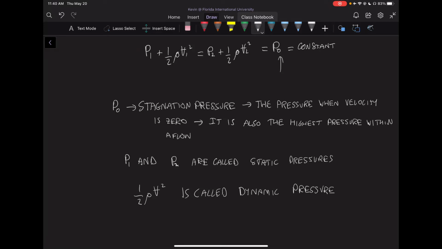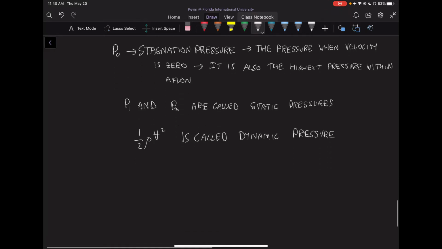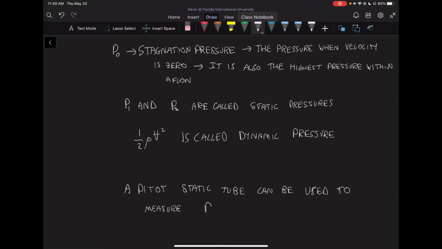And what a pitot-static tube does, we can define what a pitot-static tube is, but a pitot-static tube can be used to measure P0 minus P1.